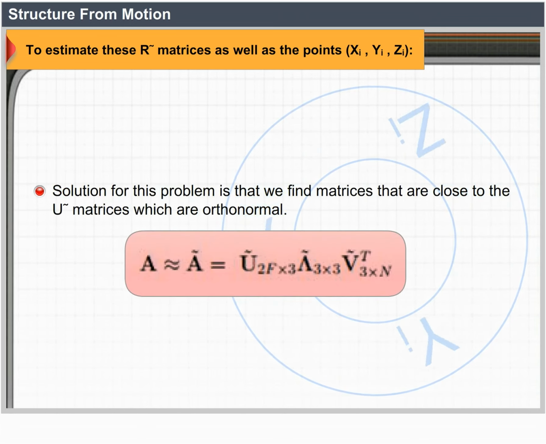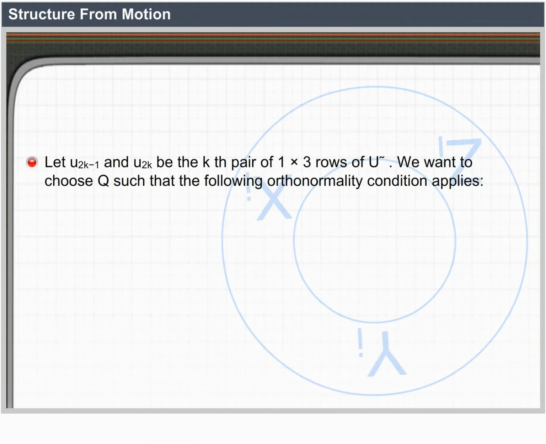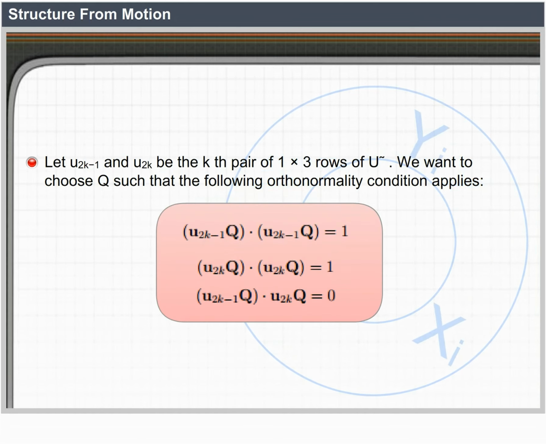Let U2k-1 and U2k be the kth pair of 1 cross 3 rows of U dash. We want to choose Q such that the following orthonormality condition applies as shown.